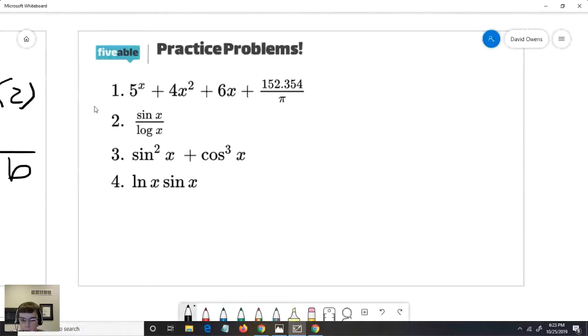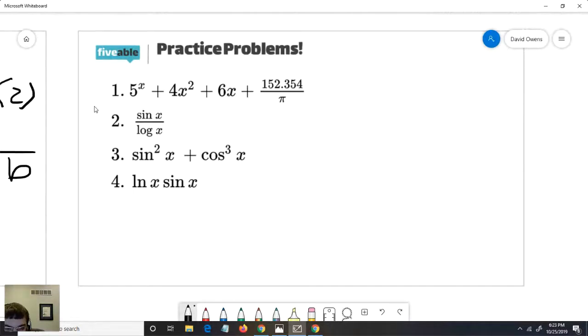So this first practice problem. We can see that we've got these 4 individual functions, each joined by addition, which means that we're going to take the derivatives of these and add them all together.